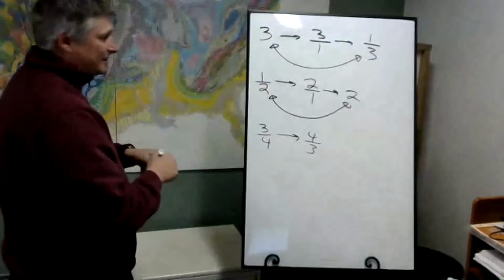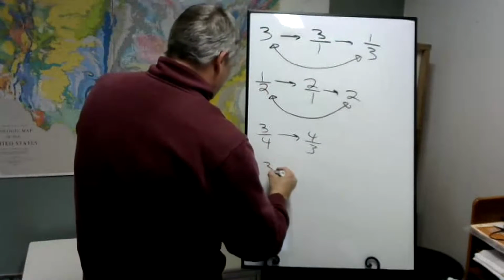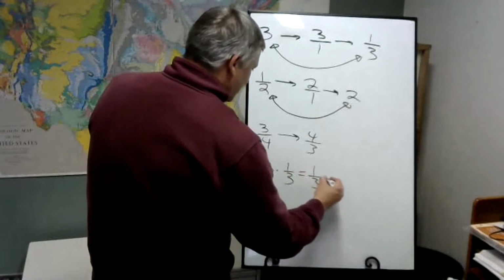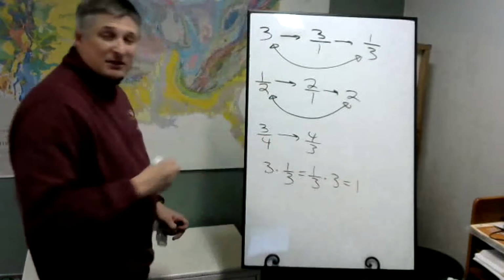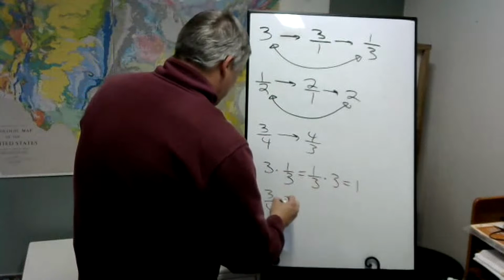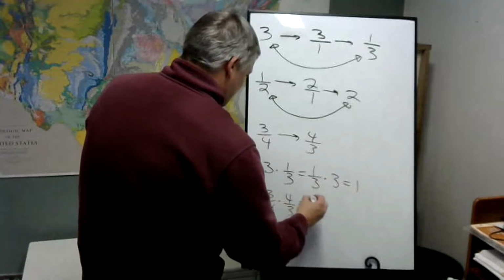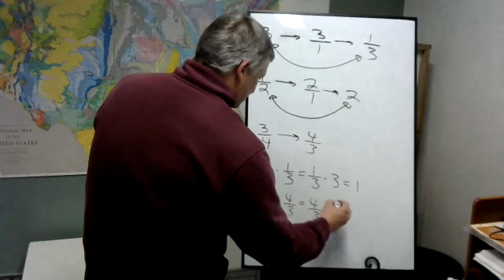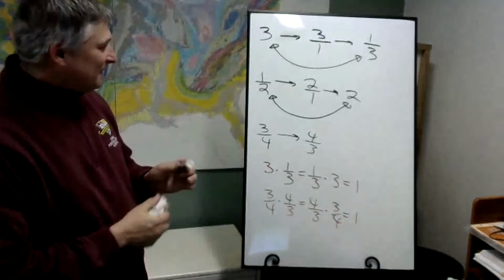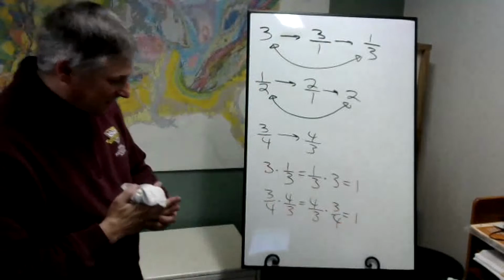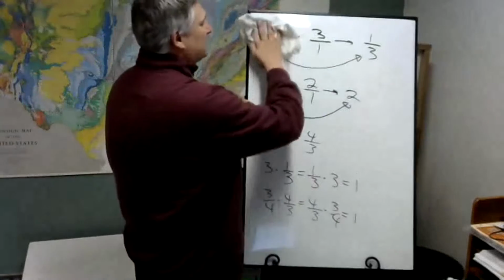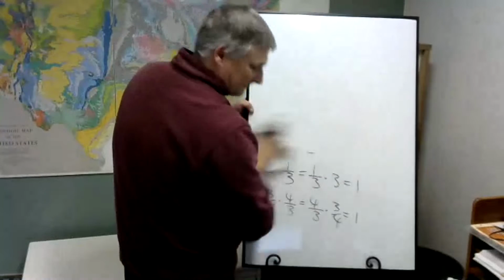And so what you'll get, 3 times 1/3 is the same as 1/3 times 3, and that's equal to 1. 3/4 times 4/3 is the same as 4/3 times 3/4. That's also equal to 1. All right. And again, this will be helpful when we get to solving equations for algebra.